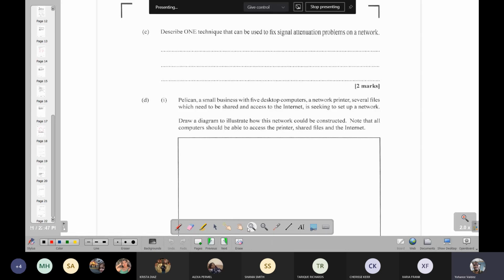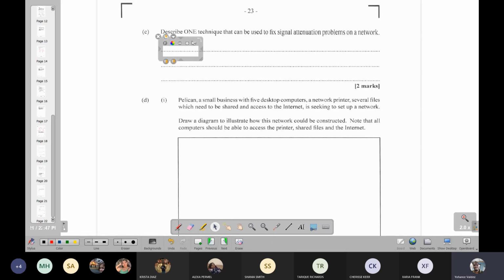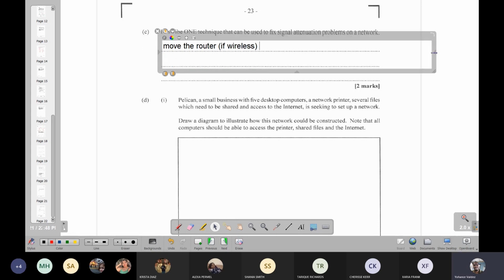Right, so yes, you could move the router with wireless to a central location, or you can use a signal repeater.